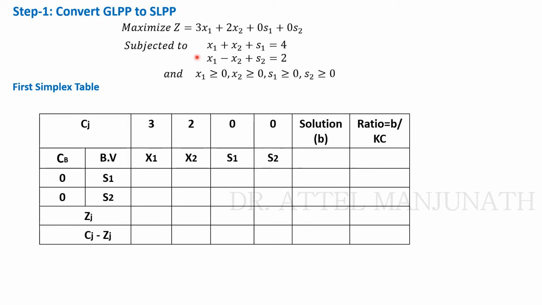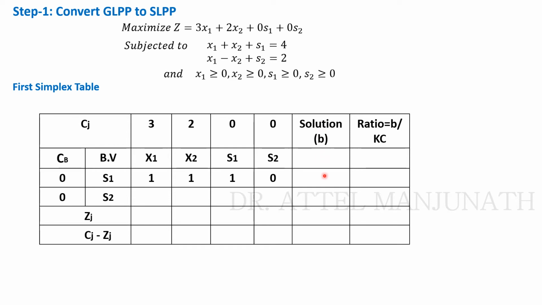Now take the constraint equation x1 + x2 + s1 = 4. Write down the coefficients of the first constraint equation, that is, the first slack variable constraint equation. For x1 it is 1 here, and for x2 also it is 1, and for s1 it is 1, and there is no s2 slack variable in the first equation, so here it will be 0.